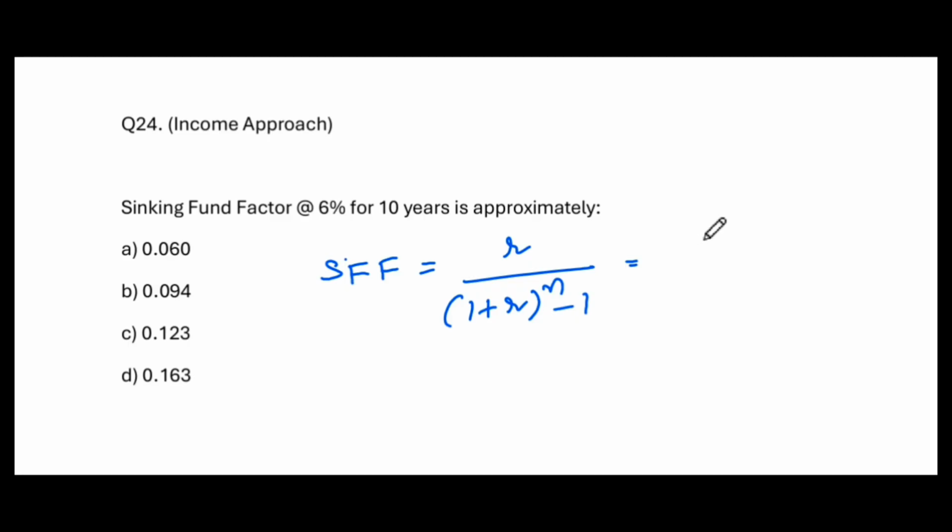That means 0.06 divided by (1 plus 0.06) whole power n, meaning 10 years, minus 1. This will come as 0.0758.